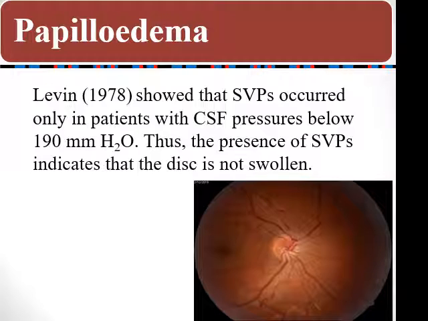However, it has been shown since 1878 that spontaneous venous pulsations occur only in patients with CSF pressure below 180 mm water. Thus, the presence of spontaneous venous pulsations indicates that this disc is not swollen at this particular time.